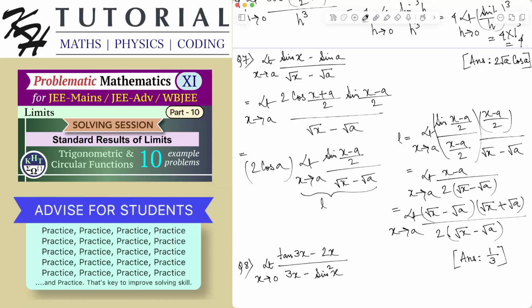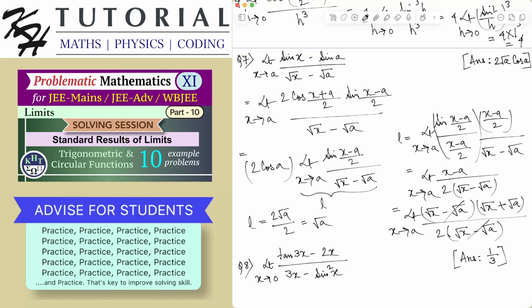If it was 0, we couldn't have cancelled it out, but we can cancel it out in this case, because the value of x is tending to a, which means that root x minus root a will tend to 0, it will not be exactly 0. So we can cancel it out, and if we substitute x as the value of a, L becomes twice root a by 2, which is equal to square root of a.